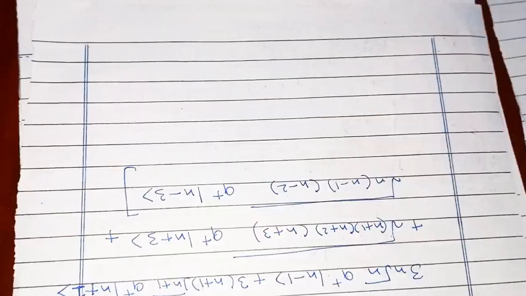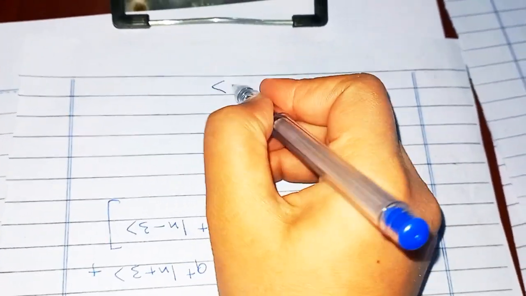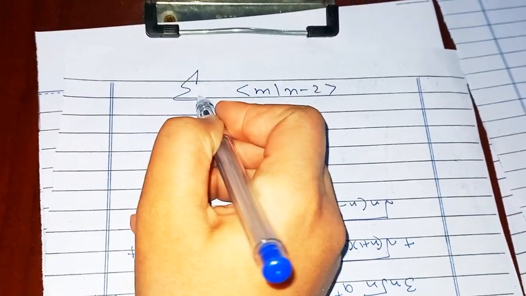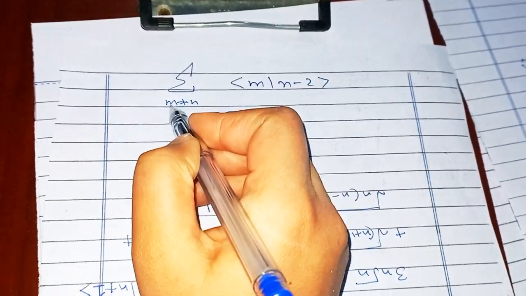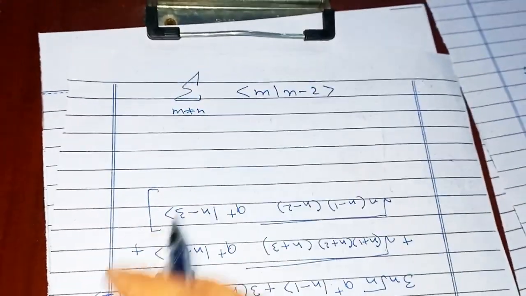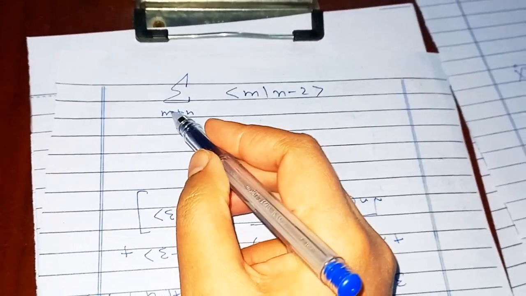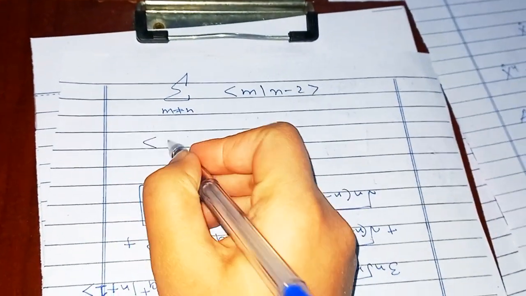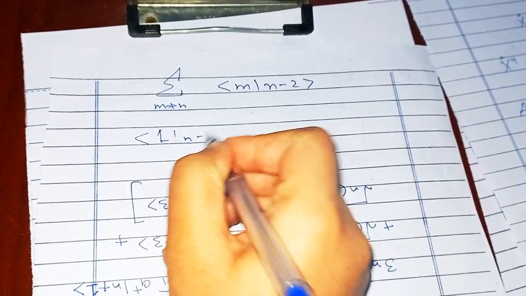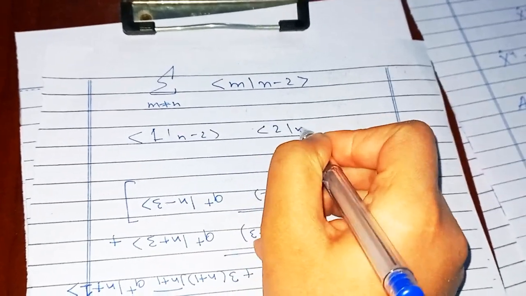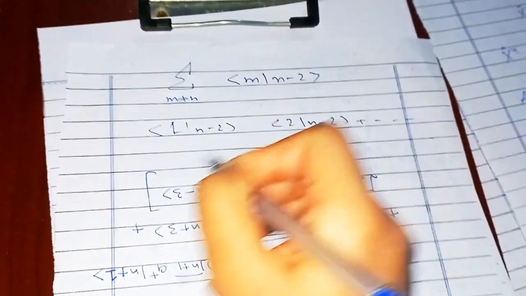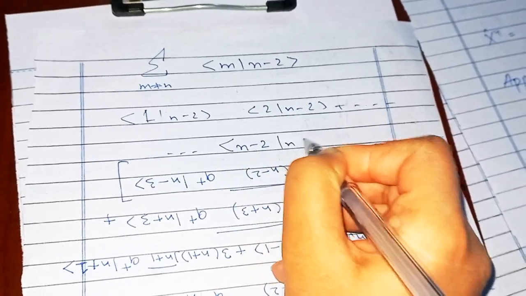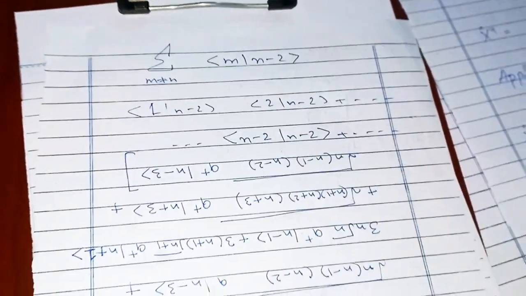Okay, now let me tell you here that this is m, and let's say n minus 2 in here, and we have summation m is not equal to n, so the value of m could not be n and it could be any other value. So when you open up this summation, it will open up for 1, n minus 2, 2, n minus 2, and so on, and a point will be reached when it is equal to n minus 2, n minus 2, and so on.